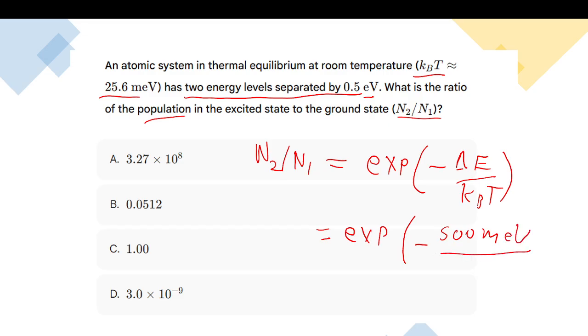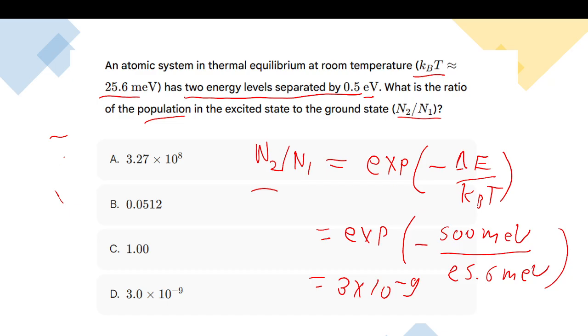And the kBT value is 25.6 milli electron volt. After keeping these values and solving this, the ratio of n2 by n1 becomes 3 into 10 to the power minus 9, which means the n1 population is far higher compared to the n2 excited state.